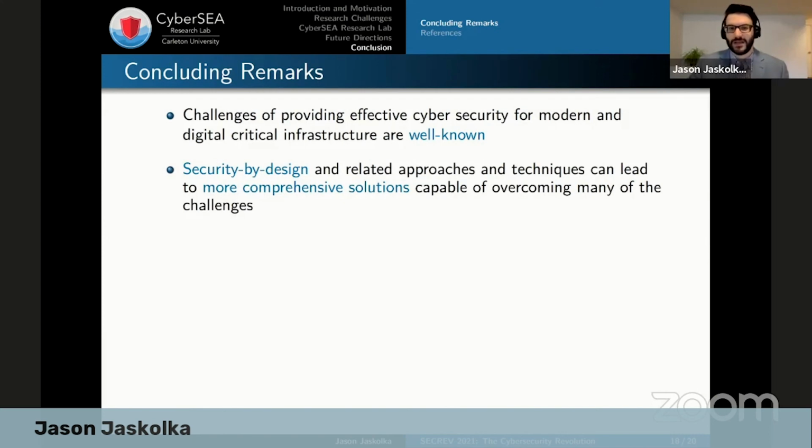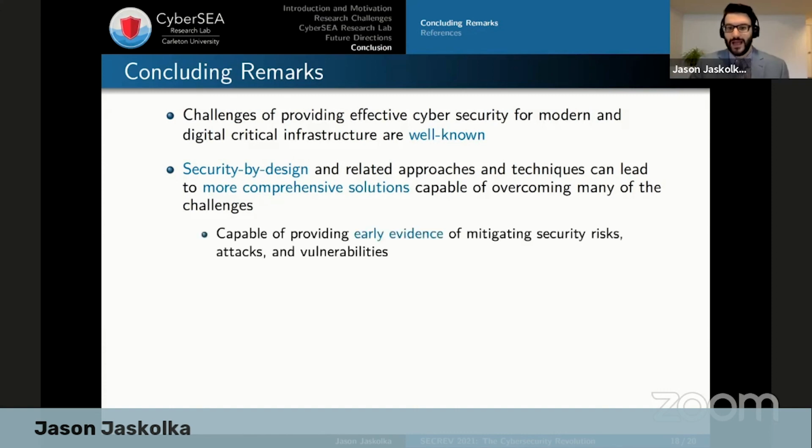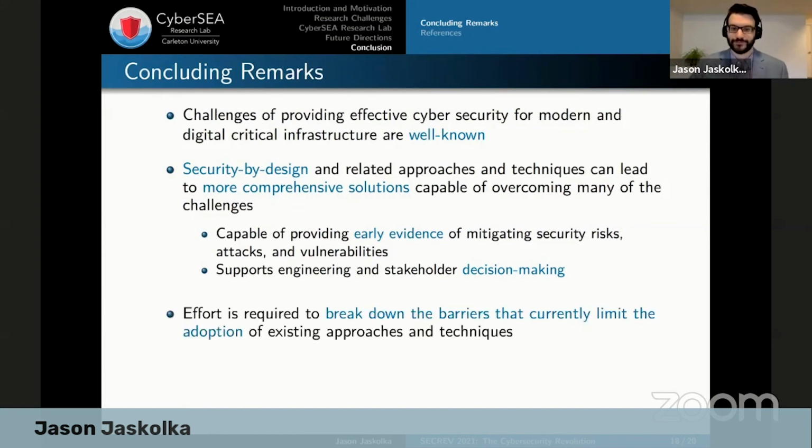And what we're finding in the Cybersecurity Evaluation and Assurance Research Lab is that security by design and related approaches and techniques can help to lead towards more comprehensive solutions that are capable of overcoming many of these challenges. And the reason for this is that they're capable of providing that early evidence of mitigating the risks, attacks, and vulnerabilities, and they support the engineering and stakeholder decision-making processes, which is very important when we start looking at how we practically develop these kinds of systems.